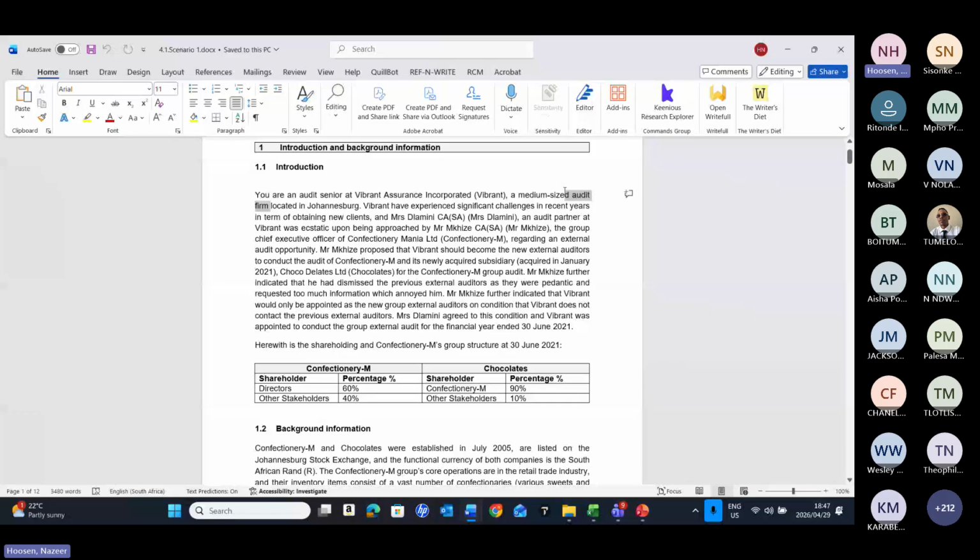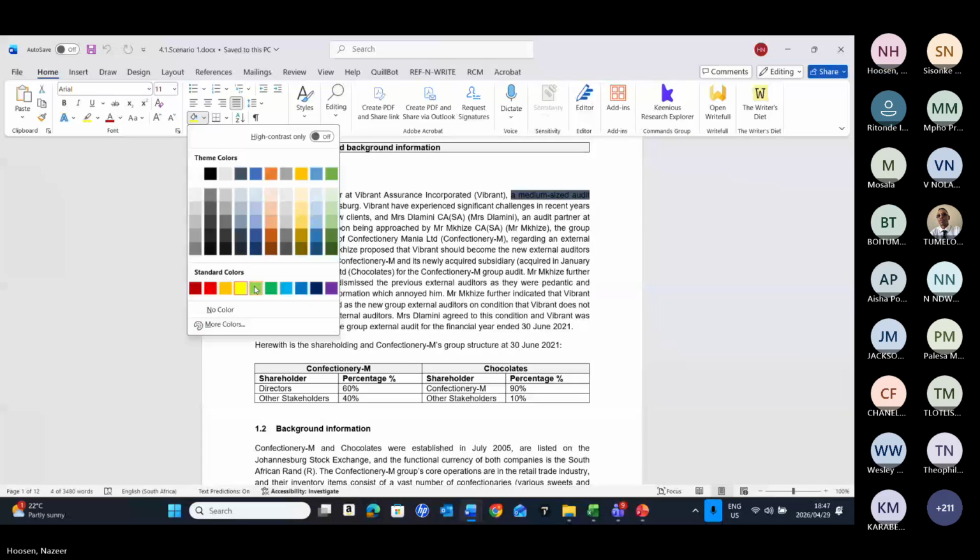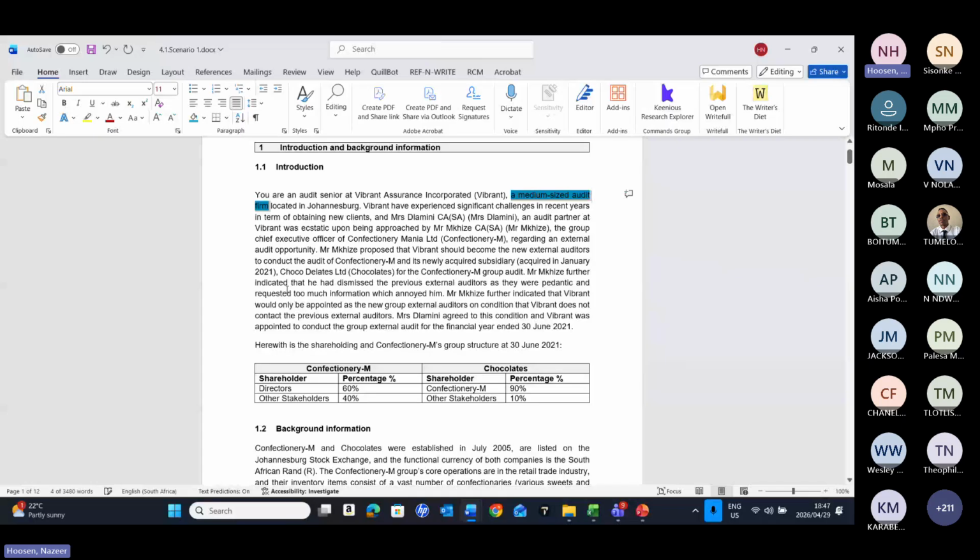And this would be in relation to maybe if we're doing an evaluation of the audit firm for a pre-engagement of a particular client, whether we would have sufficient audit staff available, etc. Located in Johannesburg, Vibrant have experienced significant challenges in recent years in terms of obtaining new clients. That already sounds like a red flag. Okay, so let's see what happens.